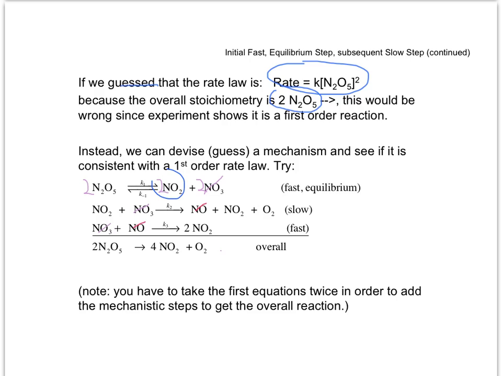You've got 2 NO2s here, 1 more is 3, 2 more is 5, and then you have 1 on the left. So you've got 1 on the left, 5 on the right. That's how you get the 4 on the right. One of them cancels. Okay, so then you have the overall reaction. Good to know.